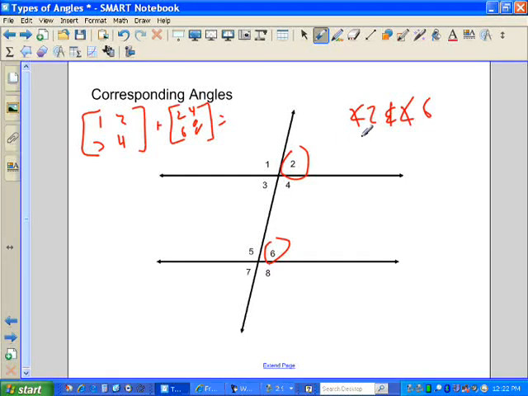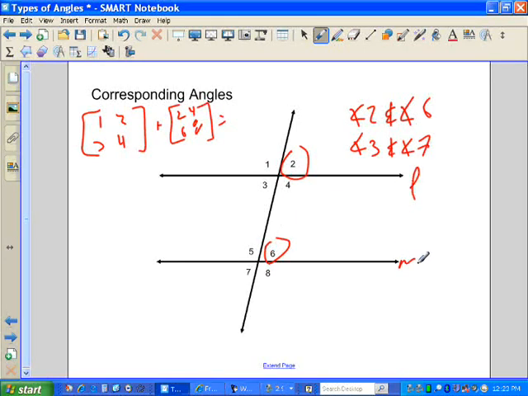Okay, you can find several more pairs. Angle 3 and angle 7 are corresponding angles. Angle 4 and angle 8. So same location in both things. Okay, angle 2 is above the line to the right. Angle 6 above the line to the right. Okay.